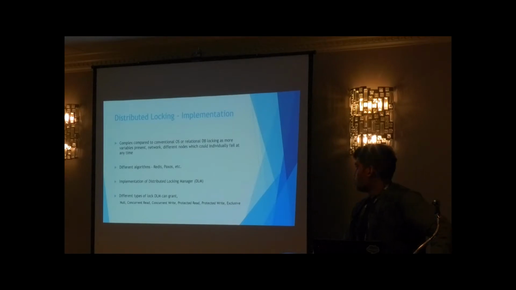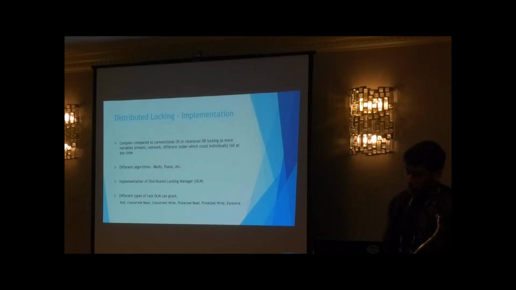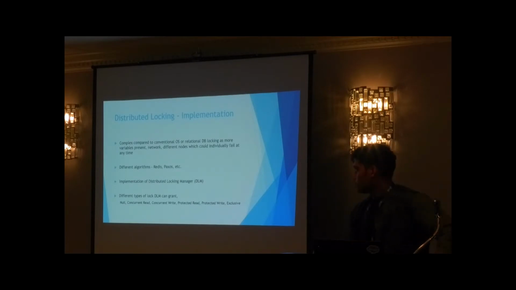Let's look into distributed locking implementation. It is a bit complex, as everything is in distributed systems, because apart from normal variables, there are also situations of network failures and different nodes failing at different times.